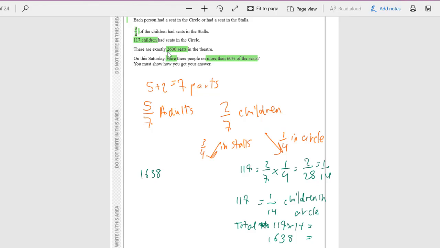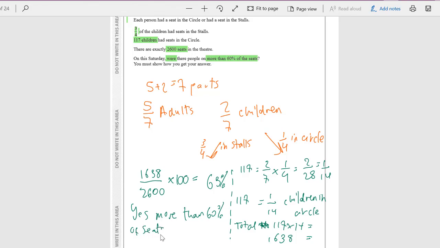We know there's 2,600 seats, and times by 100, so that gives us 63%. So that means that yes, more than 60% of seats had people on them.